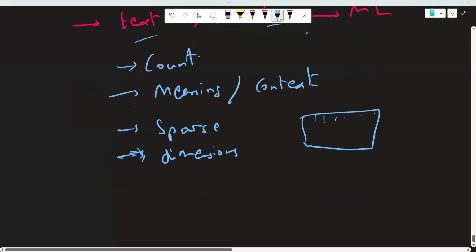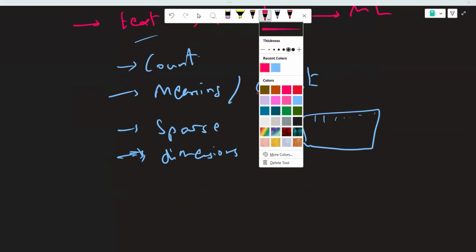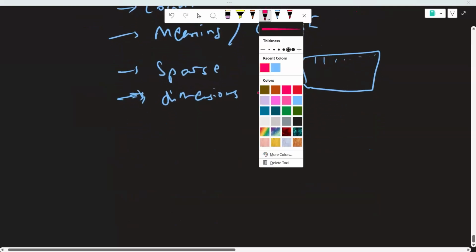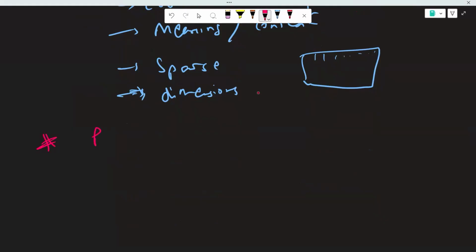Over here, we are going to discuss how we can overcome these particular challenges. To start with, we know that the second type of embedding is the prediction based.